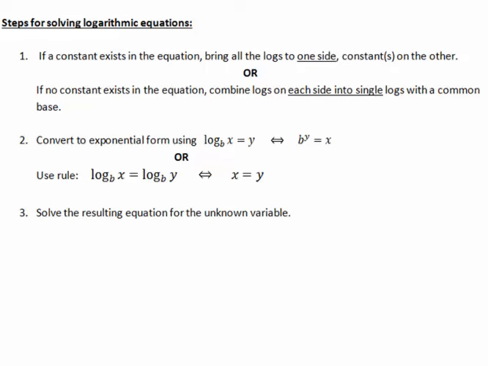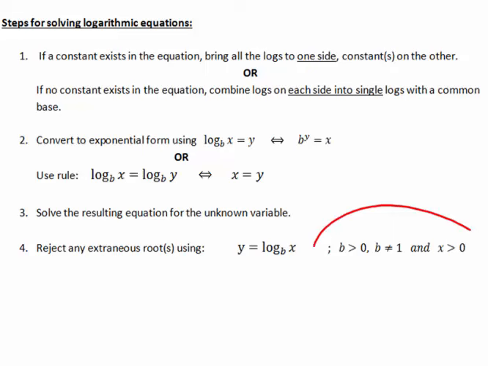Once we've done whatever we need to get an equation with just the variable, then we use all our techniques from algebra to solve for the unknown. And the last step, we must check for the extraneous solutions. We must check that we're in the domain of every logarithm in the original equation.